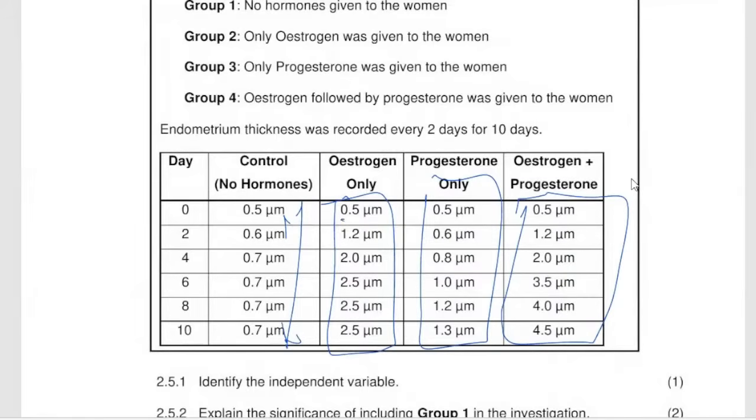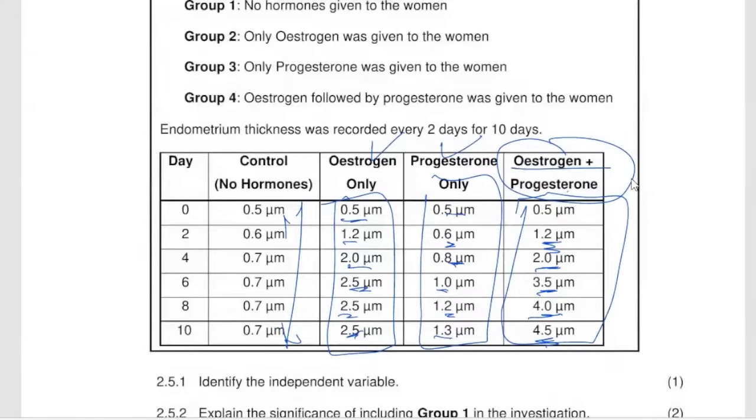You see that estrogen and progesterone together increase the thickening of the endometrium more than estrogen and progesterone alone.